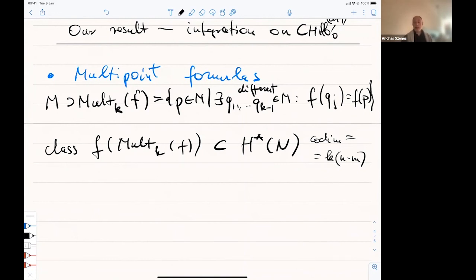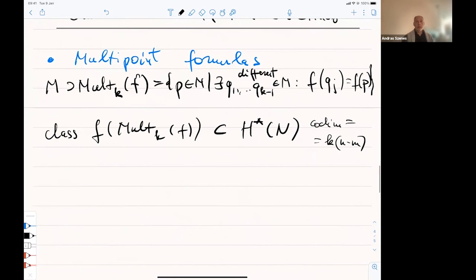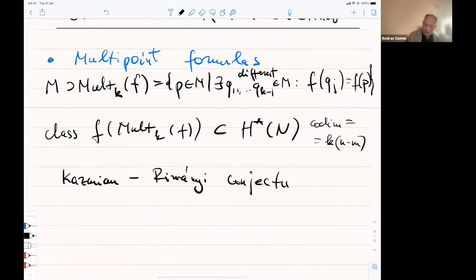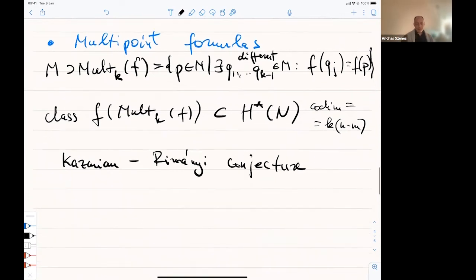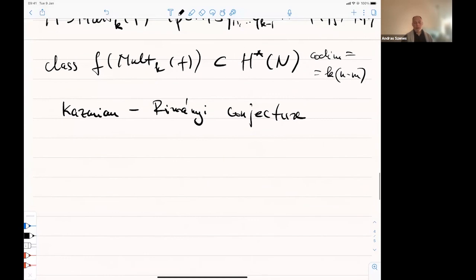And then there is an absolutely stunning result, which I'll call the Kazarian-Rimanyi conjecture, which actually gives the answer to what this should be.